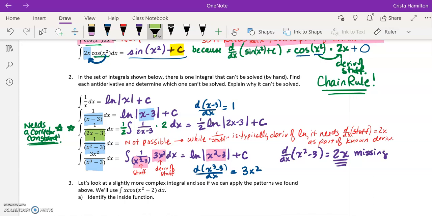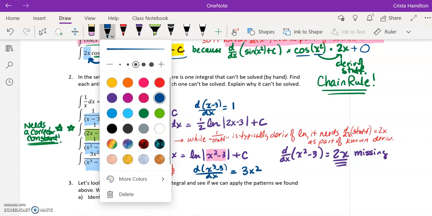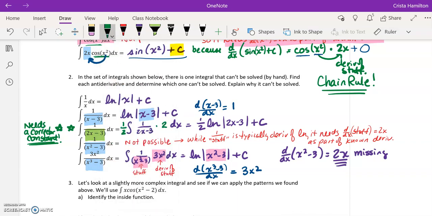So when I looked at this problem, when I'm doing the derivative of the 2x minus 3 with respect to x, and I'm supposed to have a 2, I realized that I was missing the derivative of the stuff. But if what you are missing is a constant, we can actually correct for any missing constant.